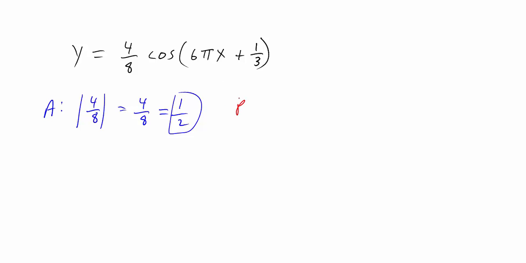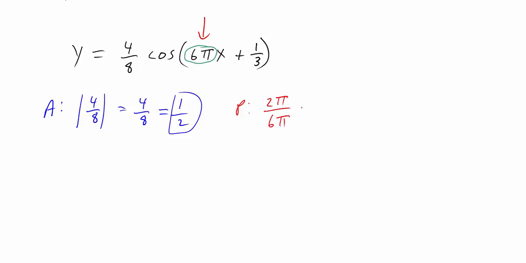And then if we're going to calculate the period, again, we're going to use this b value, so the period is going to be equal to 2 pi divided by 6 pi. Now notice here, the coefficient is not just the 6, because the pi is also part of this. We're looking at the coefficient of the x, so we're using the 6 pi here.